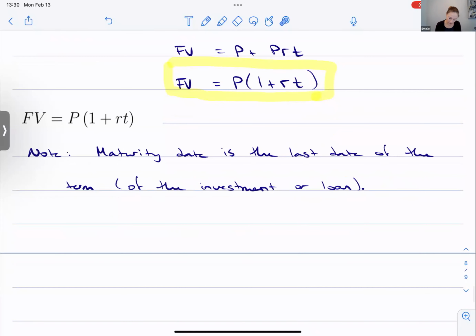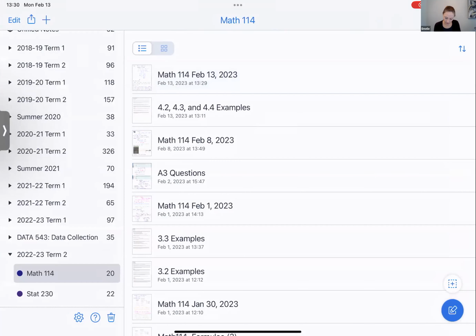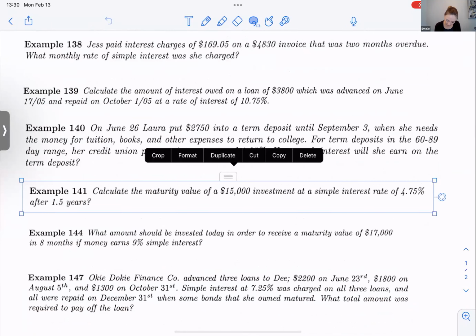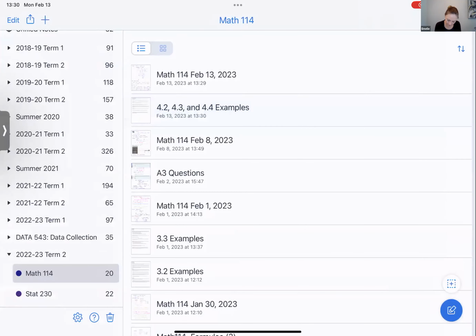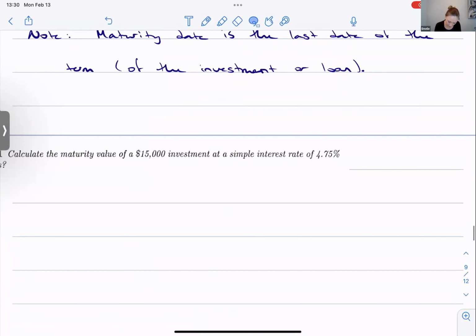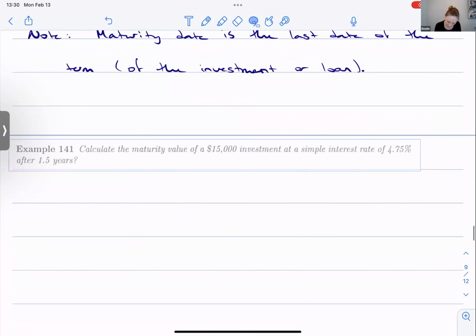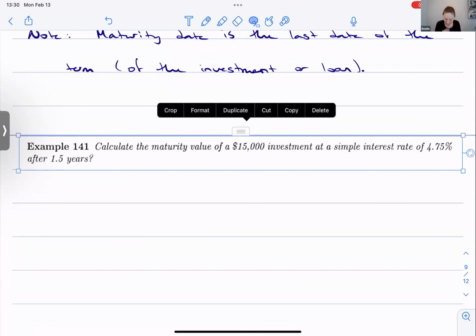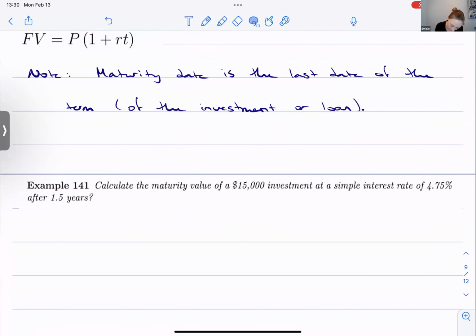Let's do example 141. Copy. Put it on a fresh page here. Oh, and you know what?